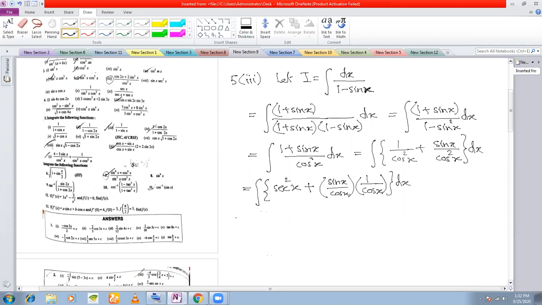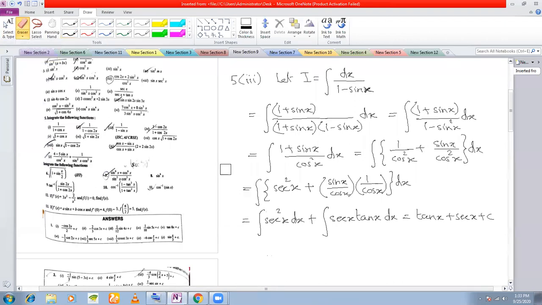Now you can separate: integral sec square x dx plus integral sec x tan x dx. Integration of sec square x is tan x and integration of sec x tan x is sec x plus c, where c is the constant of integration. Clear?